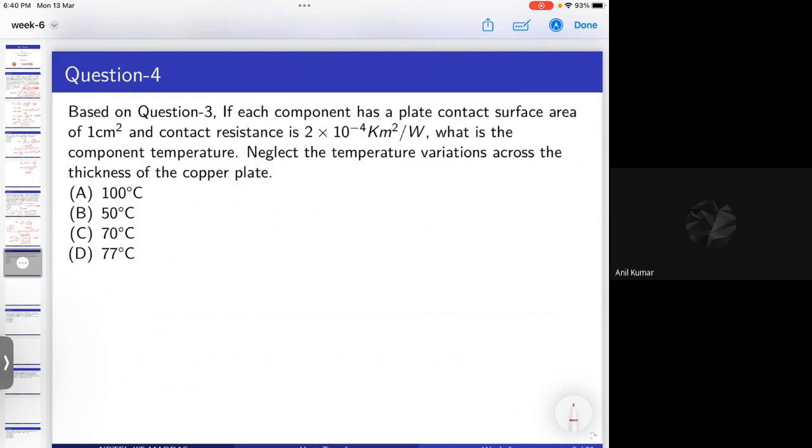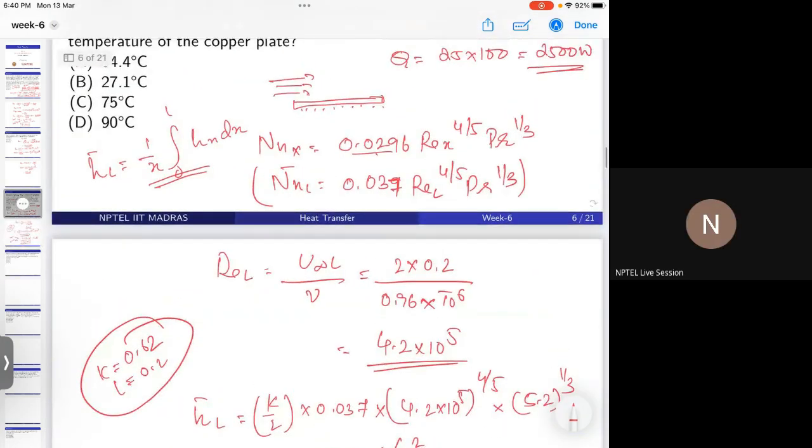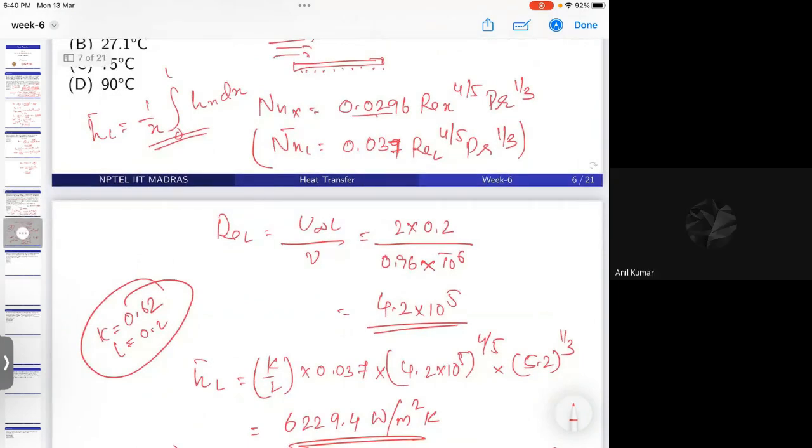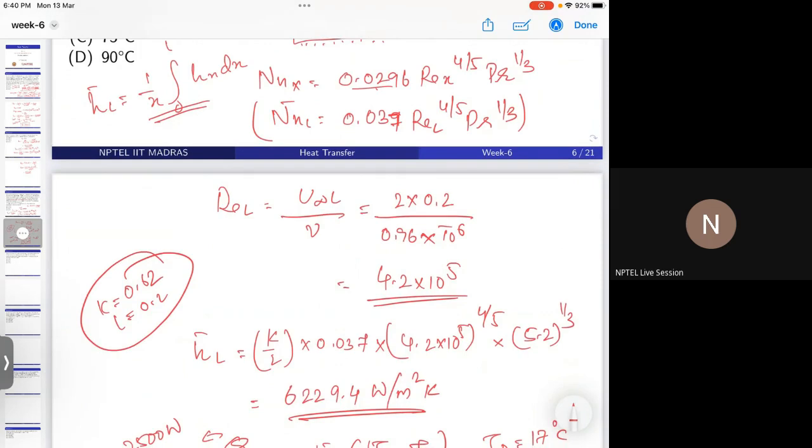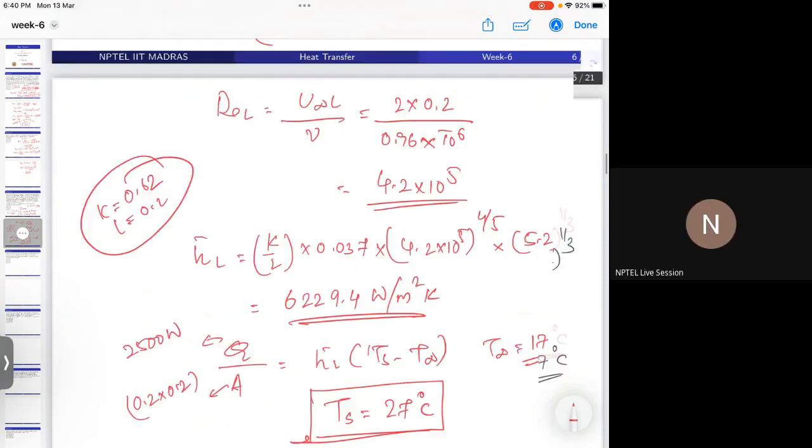It means when we are using the direct equation, we have got it after integration. This Nusselt number, 0.037, you check if you get this after integration. Okay.